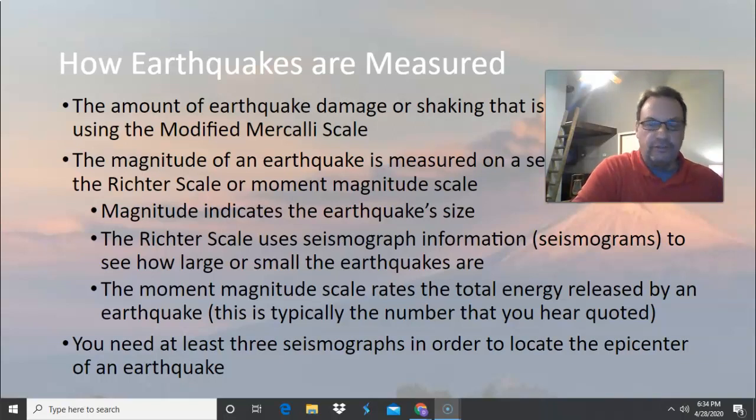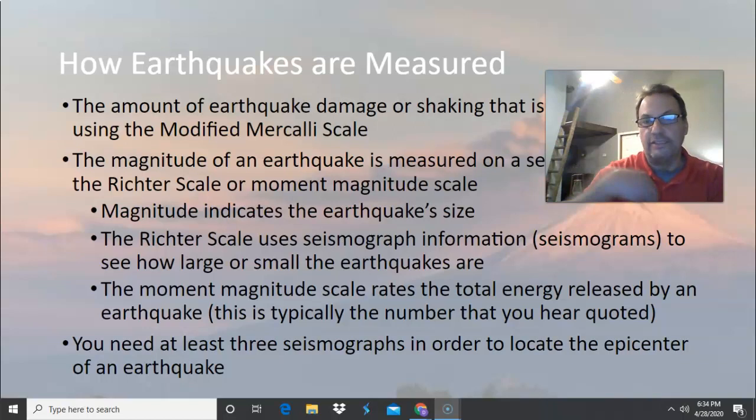But if we wanted to determine where that started, one example that I used in class was that if I was in Madisonville and I was talking to someone in Tellico and there was an earthquake occurring, we might be able to determine if the earthquake epicenter was closer to Tellico or Madisonville based on how much shaking or how much energy that the person in Tellico felt as opposed to Madisonville.